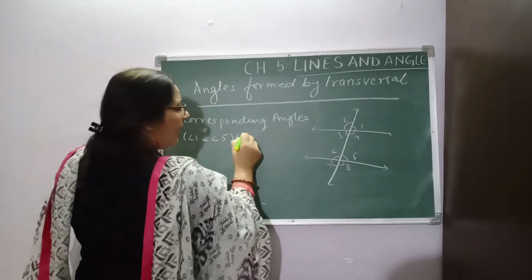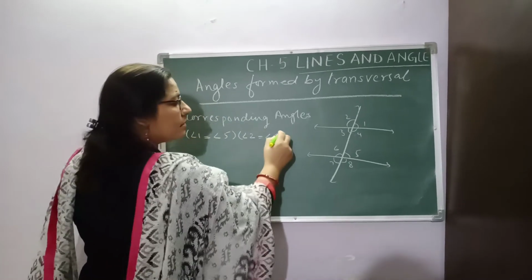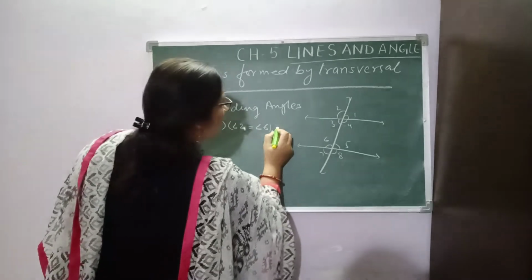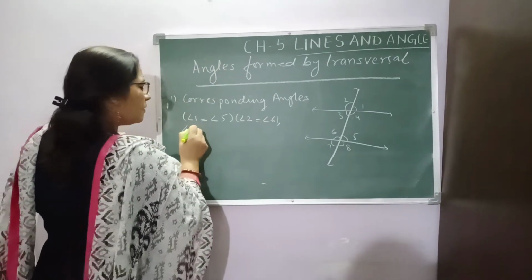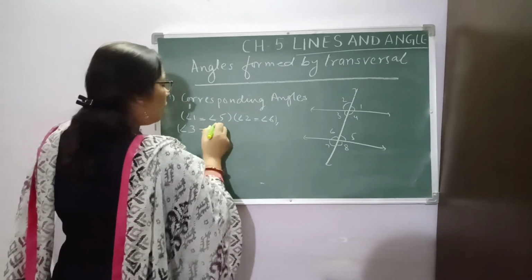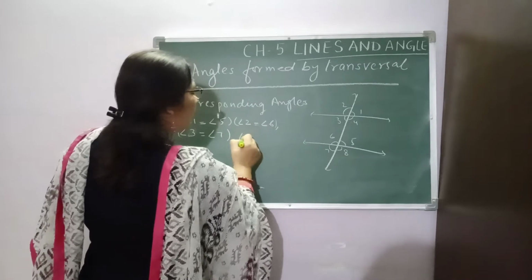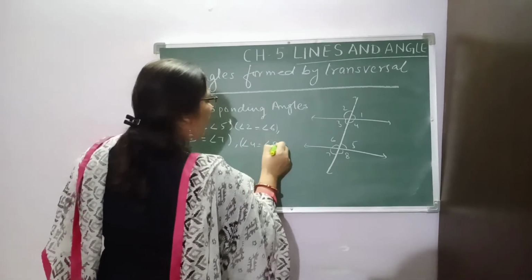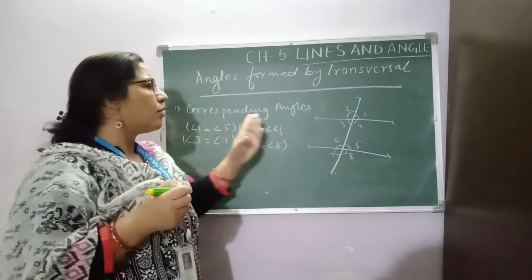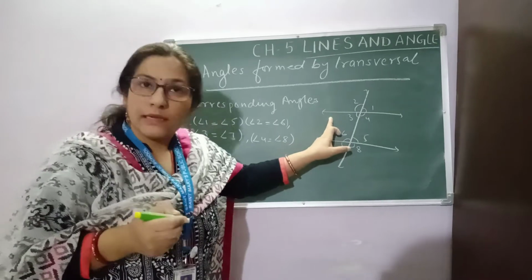Second pair, angle 2 is equal to angle 6. The third is angle 3 is equal to angle 7. The next is angle 4 is equal to angle 8. So we can say we have 4 pairs of corresponding angles, formed by a transversal line.